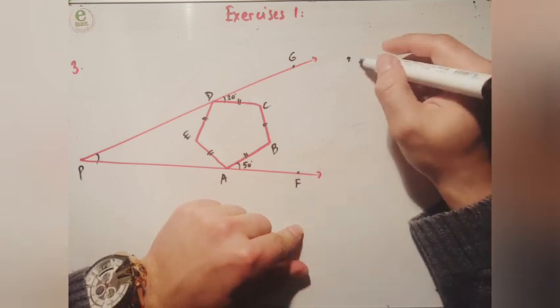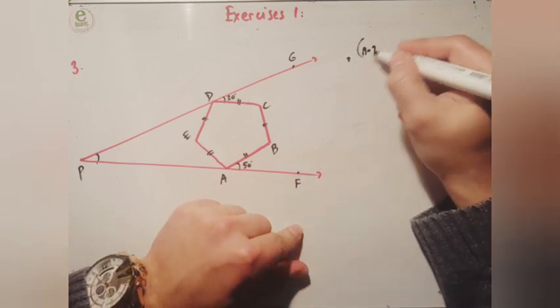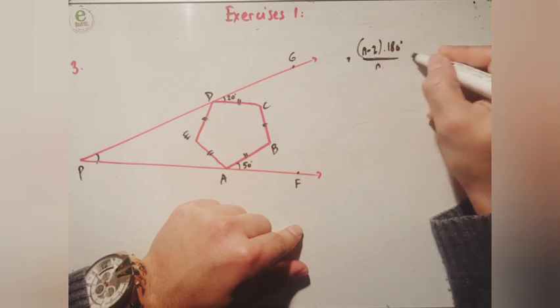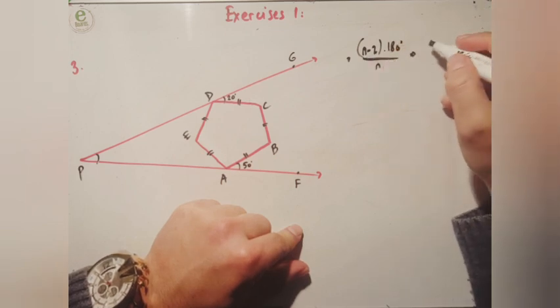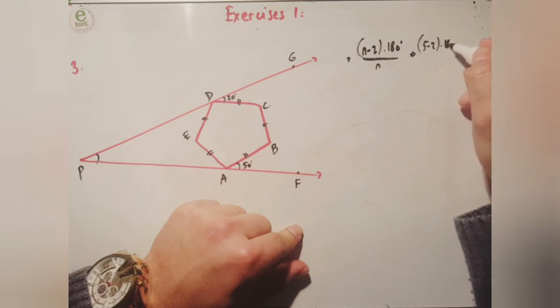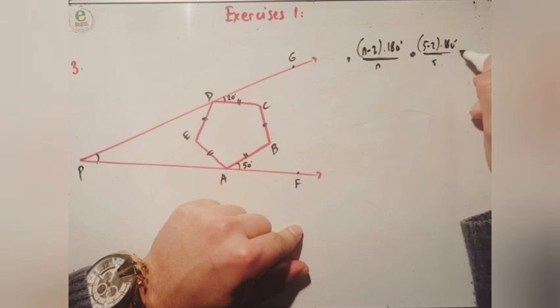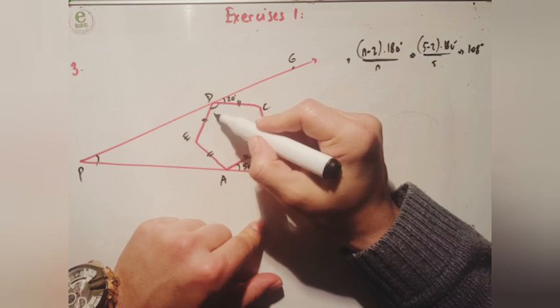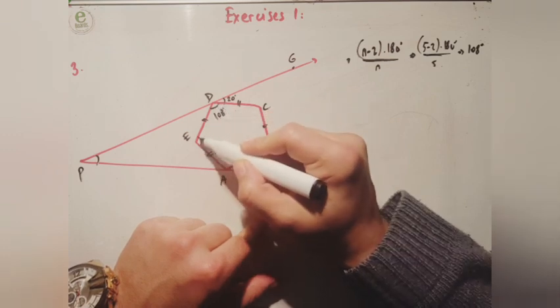It's n minus 2 times 180 degrees over n. It is 5-sided, so 5 minus 2 times 180 degrees over 5. We will have 108 degrees. Let me write it. Okay, so each interior measure is 108 degrees.